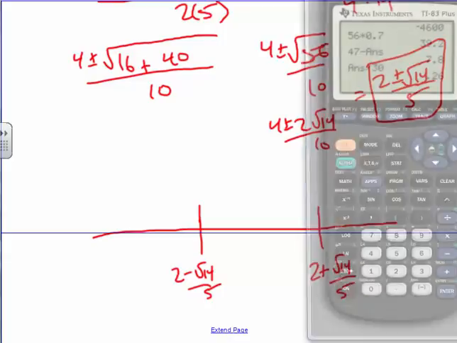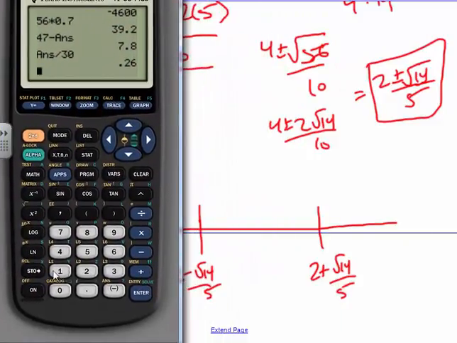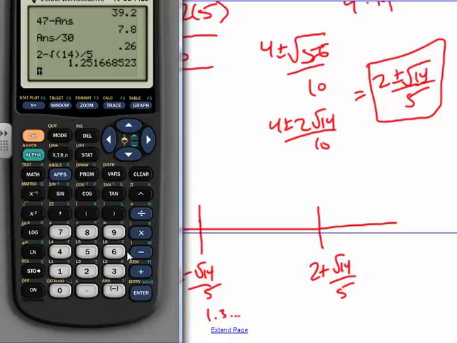This would be a time where you don't need your scientific calculator, but I have a graphing one here on the screen just to show you. It wouldn't hurt to know what these decimal approximations are. So 2 minus root 14 over 5. It's about 1.3, give or take. And if I do the exact same thing again, oh, hang on, that's not right. 2 minus root 14, then divide by 5.